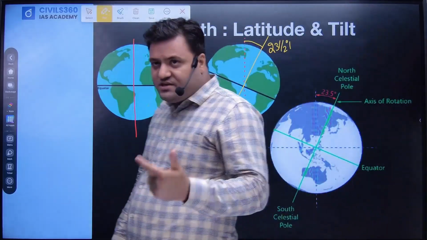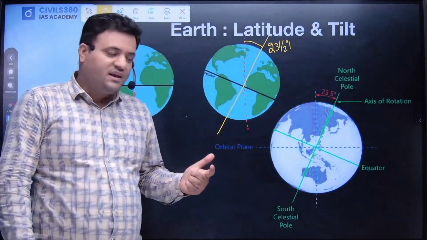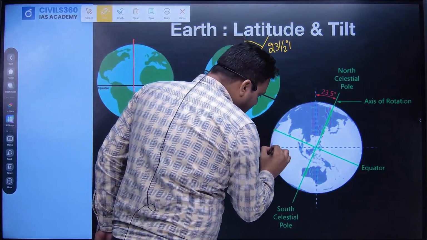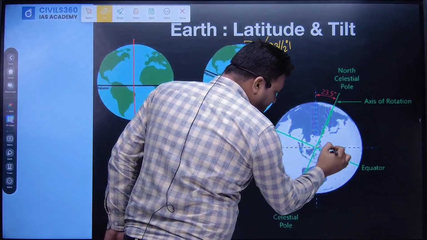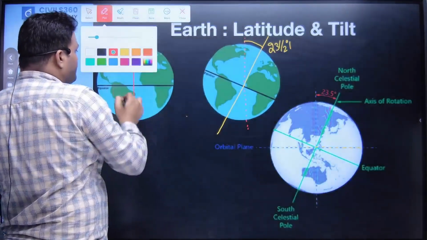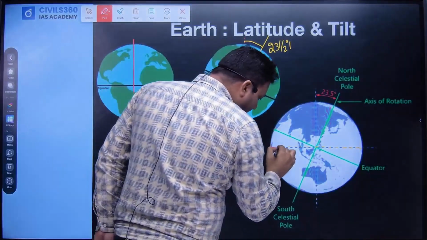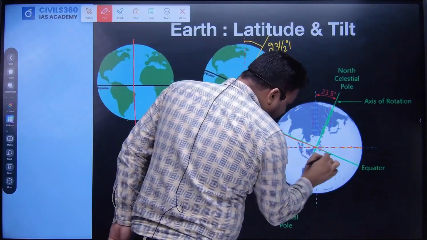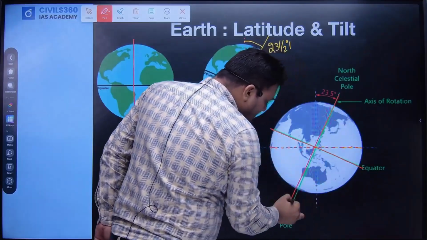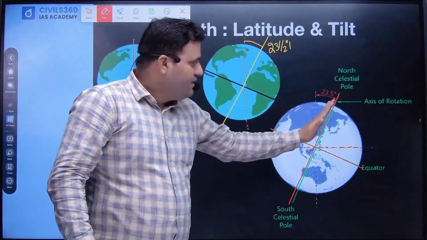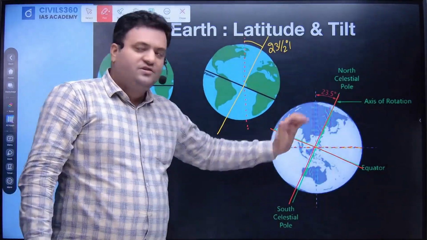It is the tilt basically because of which this equator should have been like this, but the real equator is like this. It's because of the shift, we can say, the tilt.